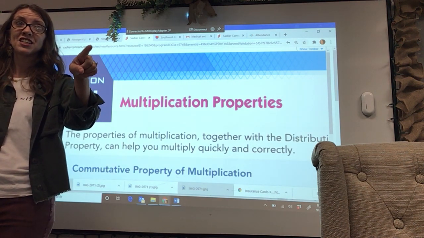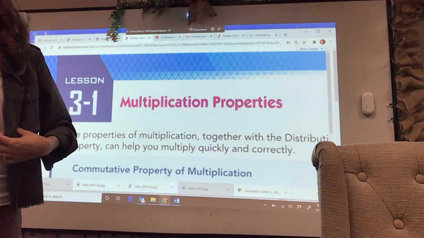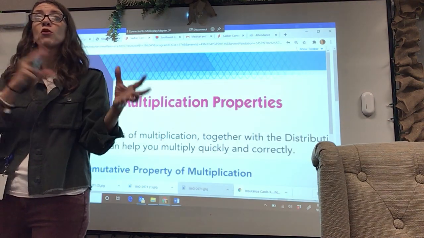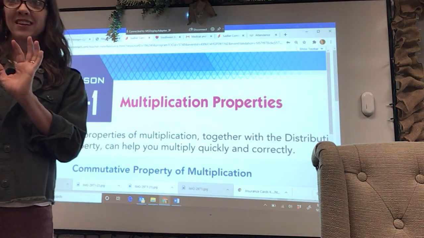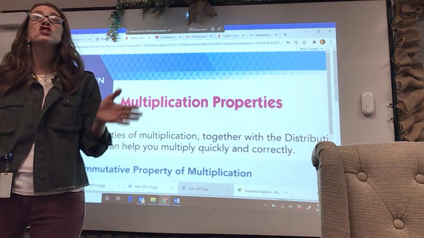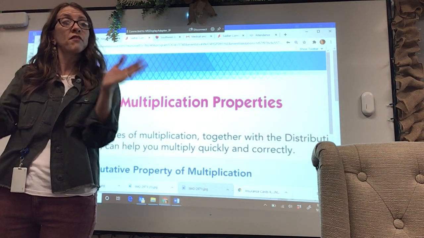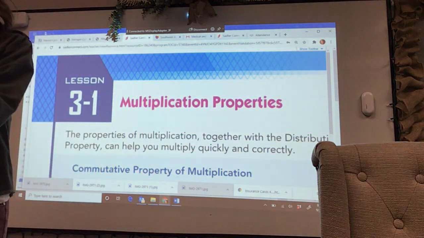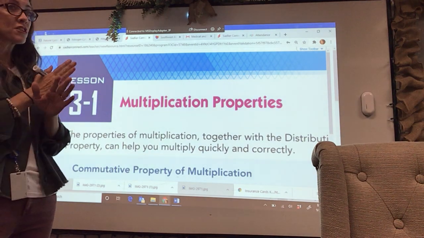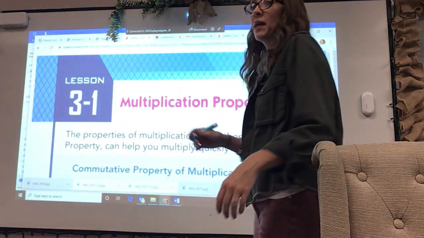It means commute, and it's where you just switch the places of the two numbers. Exactly. To commute somewhere means to go back and forth, to change your position. So the commutative property of multiplication means that you can change the position of the numbers and get the same product, right? The two factors can change position, or three or more, and you get the same product.